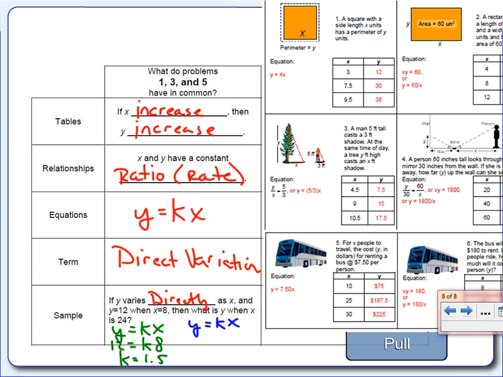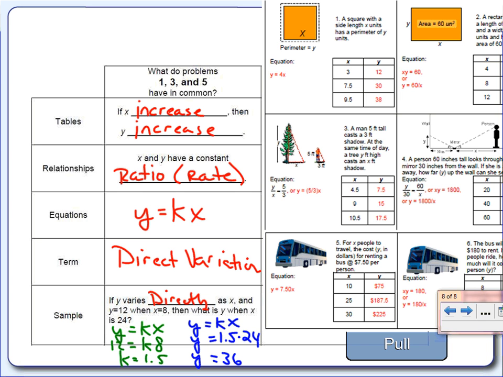What we're looking for is the y value. We know what the k is now. We know that it's 1.5. We just found that. They told us that the x value was 24. So if that's the case, what's the y value? Well, what do you get when you multiply 1.5 times the 24? 1.5 times the 24 would be a what? 36.